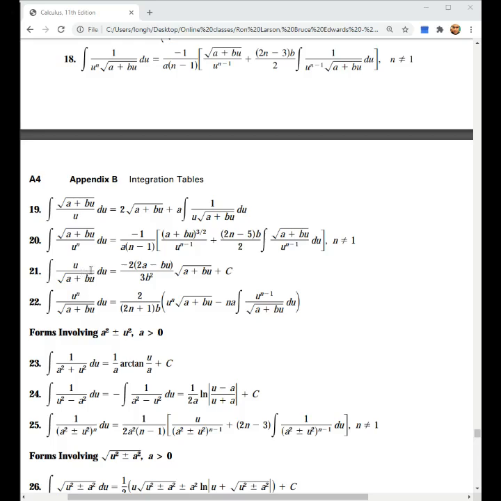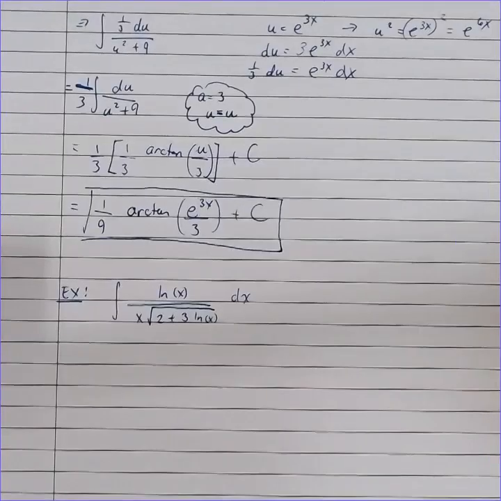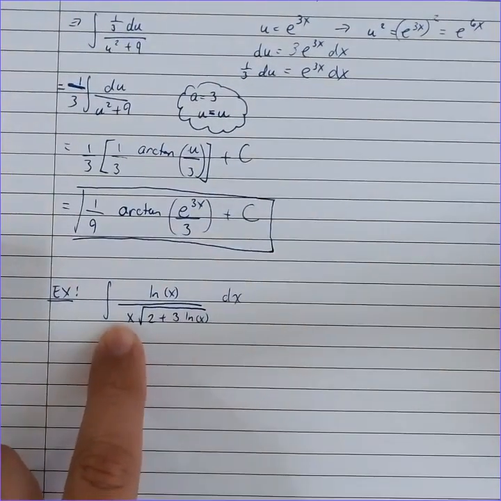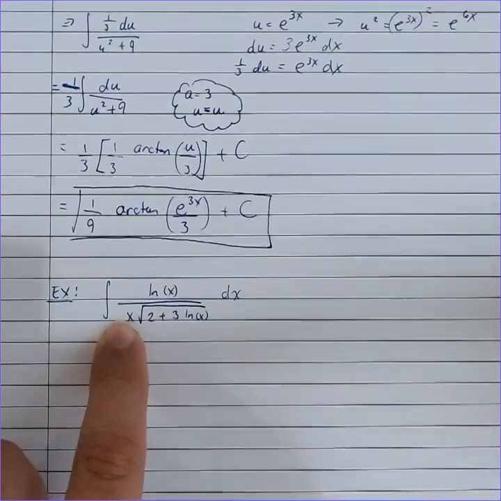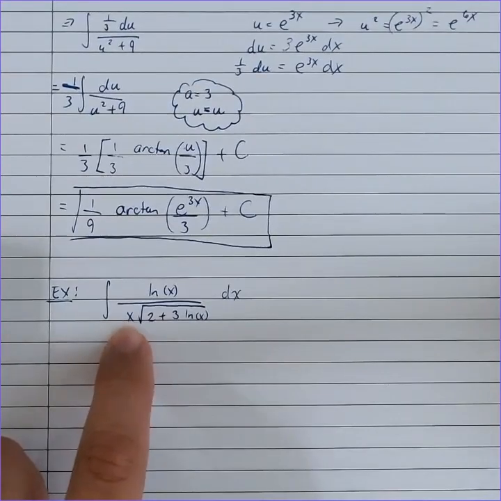This one looks pretty good. I have a variable, I have a function up here over the square root of that function as well. However, I notice that I don't have a variable out here, while in my problem I have this extra x variable. So maybe that's close enough. Maybe we'll be able to make that x go away through the substitution, or maybe we're wrong and that's not the correct integral.